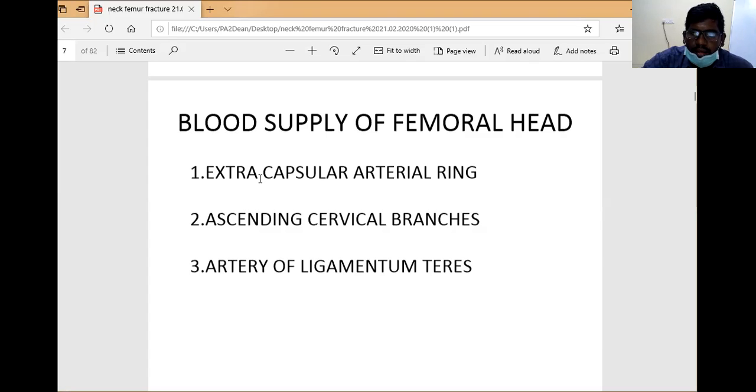Like other bones such as talus and scaphoid, where fracture limits the blood supply to the bone, and ultimately results in avascular necrosis. So here the blood supply of femoral head is the extracapsular arterial ring, from which ascending cervical branches arise, and the artery of ligamentum teres.